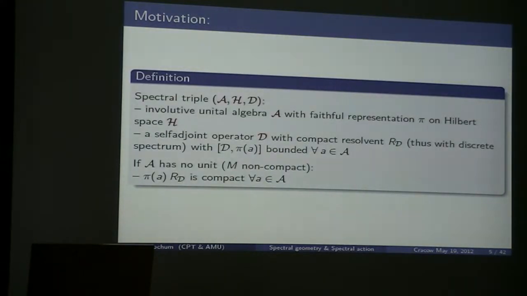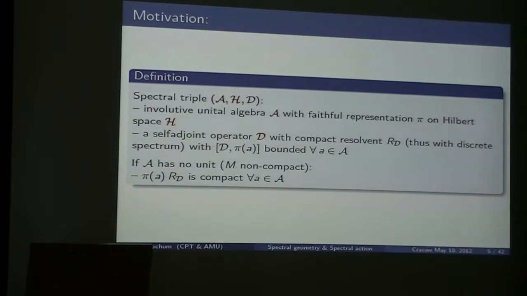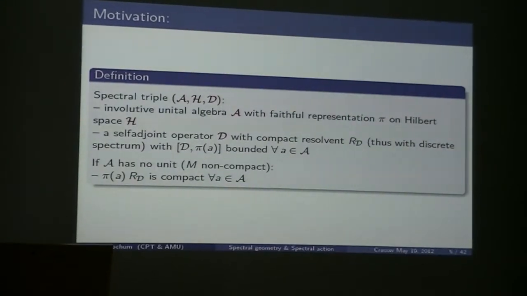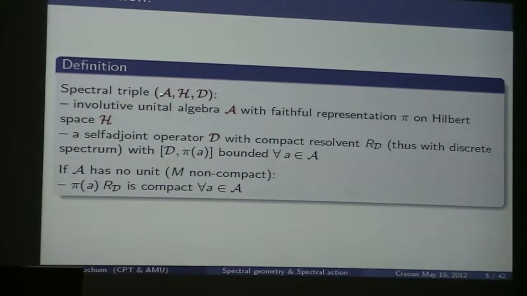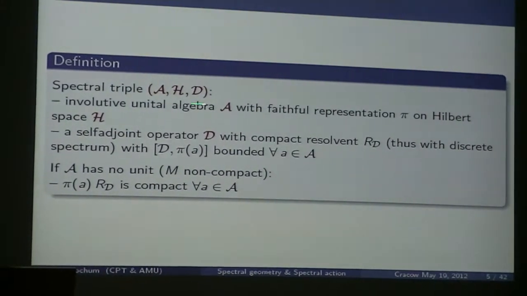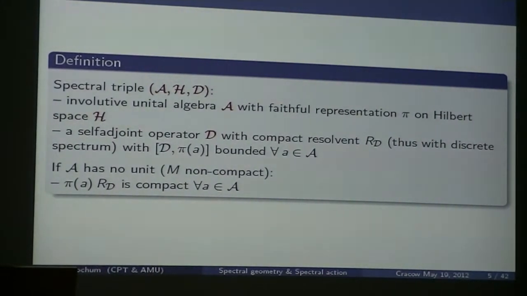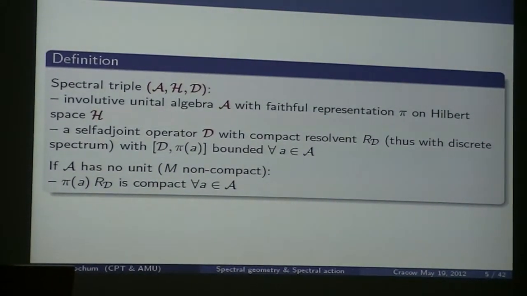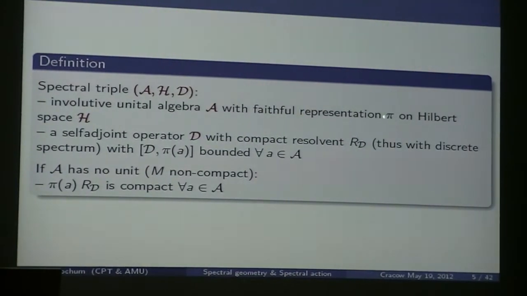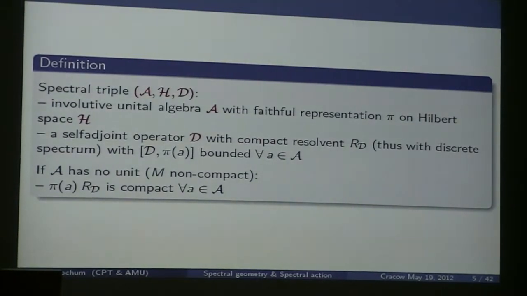So now, after this motivation, we enter more precisely into a real definition. A spectral triple is based on this triplet, where A is an involutive unital algebra with a faithful representation pi on some Hilbert space.